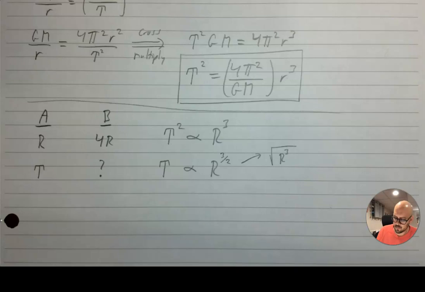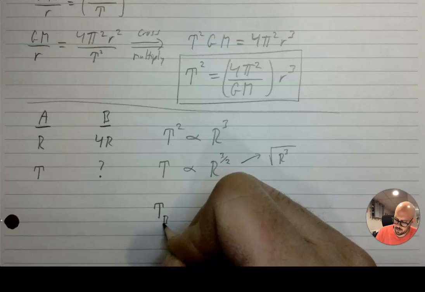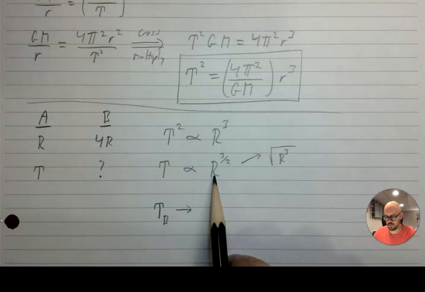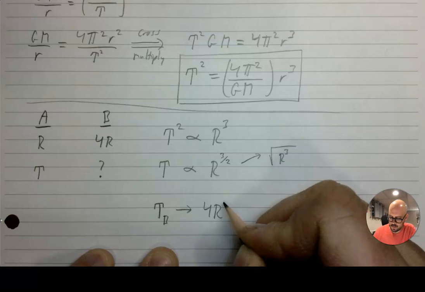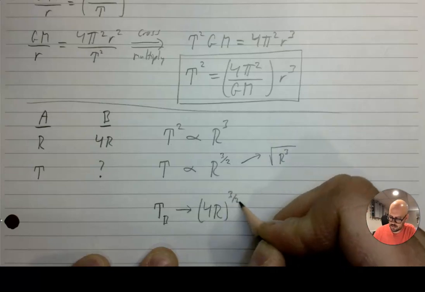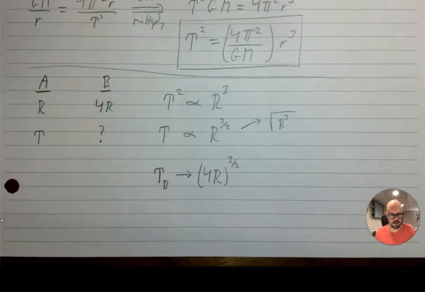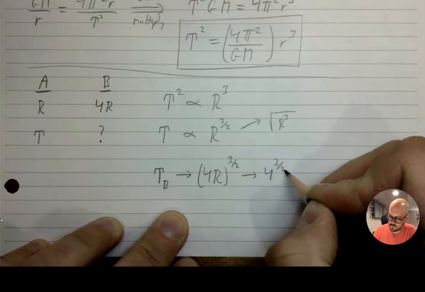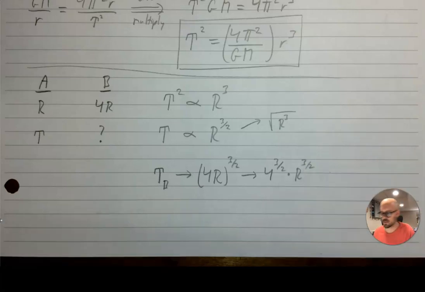The orbital period of B is what I'm going to find, and that relates to how I would change this orbital radius. Well, it's 4 times the size, and so I need to focus on taking that radius to the 3/2 power. Well, 4 to the 3/2 times r to the 3/2.